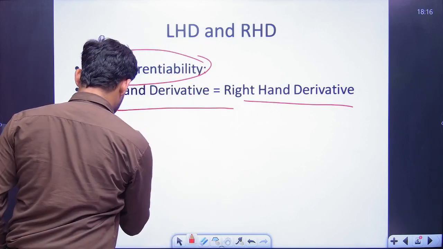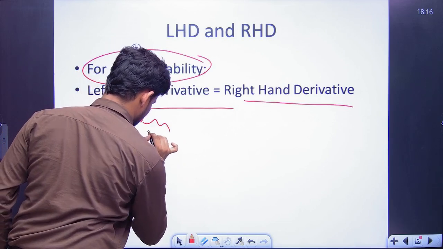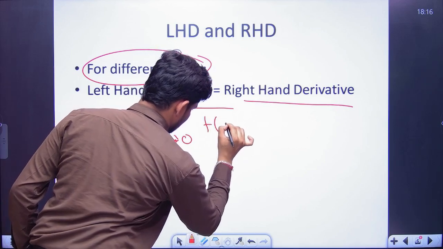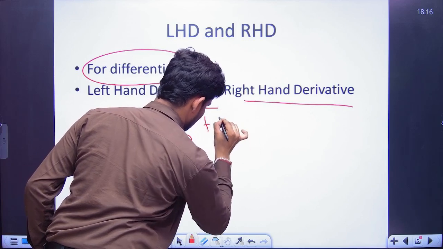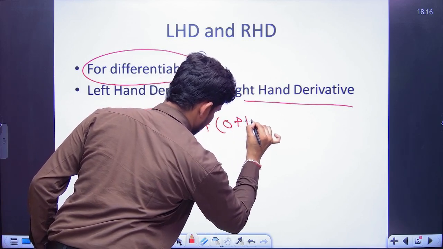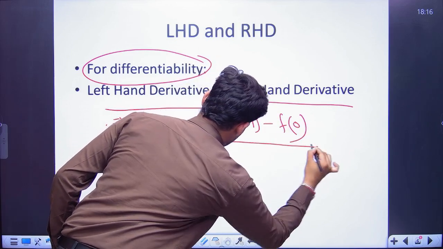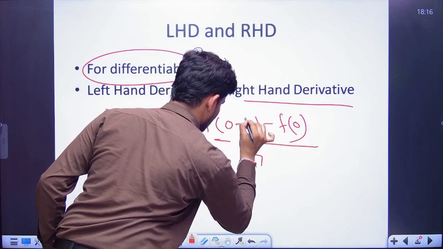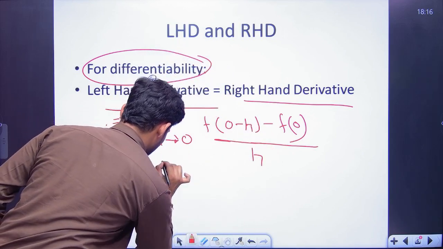Left derivative is this. Right hand derivative is this.